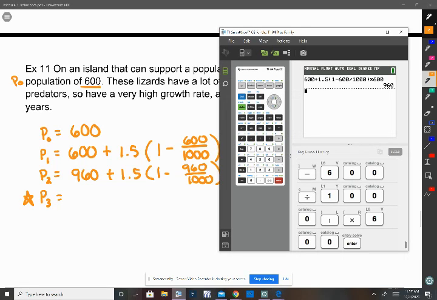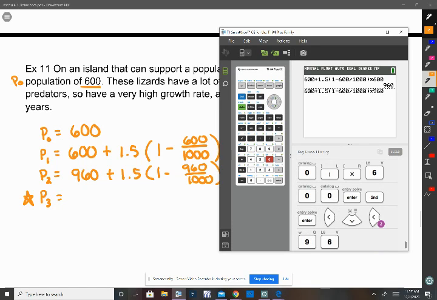If I don't want to type all of that in again, you could just go second and enter, then just go back and change all those to 960. I don't honestly think that's that much quicker, but if you want to, you can.